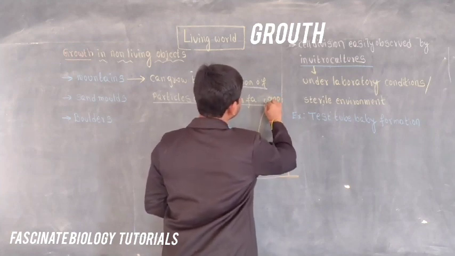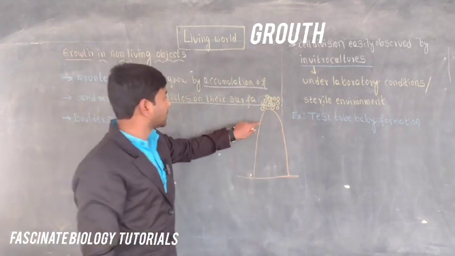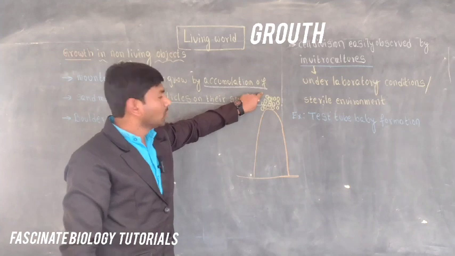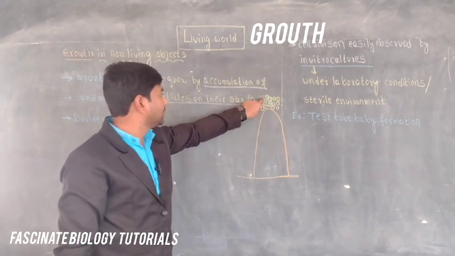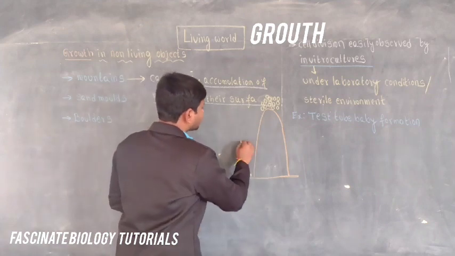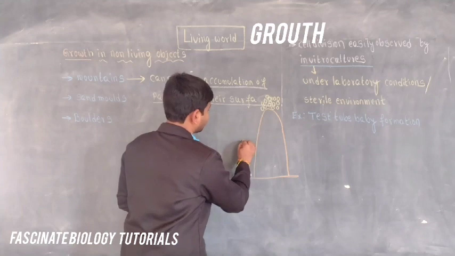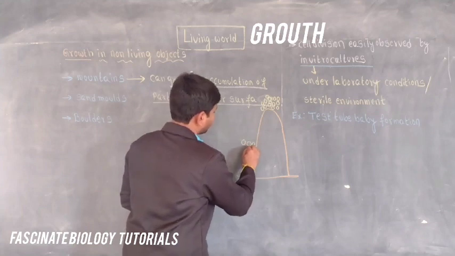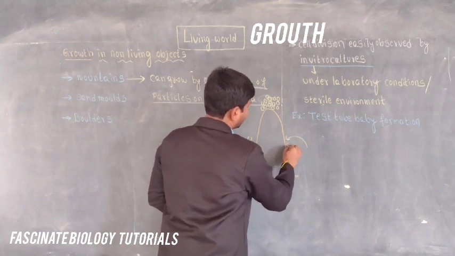Due to accumulation of these snow particles on the surface at the top region, it may reach a greater height. Am I right or not? Not only here, the accumulation of particles is on the surfaces. This is also a surface, in this direction and this direction. Accumulation of particles.